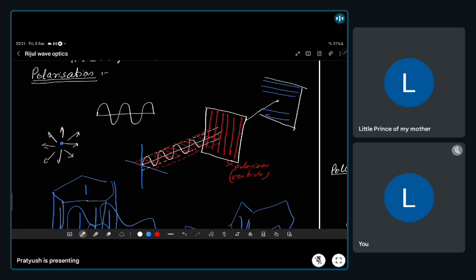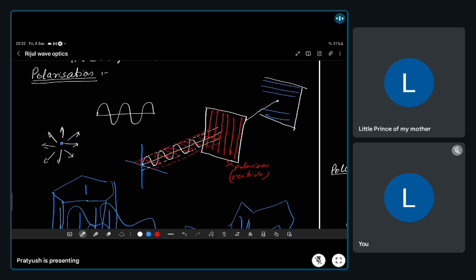But there are some crystals. Those crystals were first of all discovered in ancient Sri Lanka and Tamil Nadu. In the Tamil language, that crystal's name is Tuvar Malli.